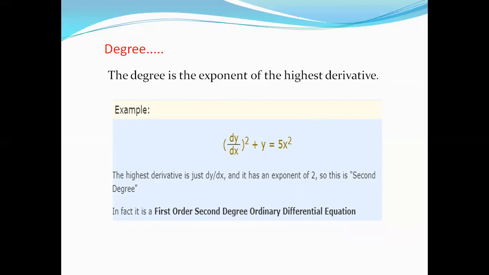So this is the second degree. आप देख रहे हैं यहाँ पे dy by dx whole square है, that is the degree. So its degree is 2. In fact, it is a first order second degree ordinary differential equation.